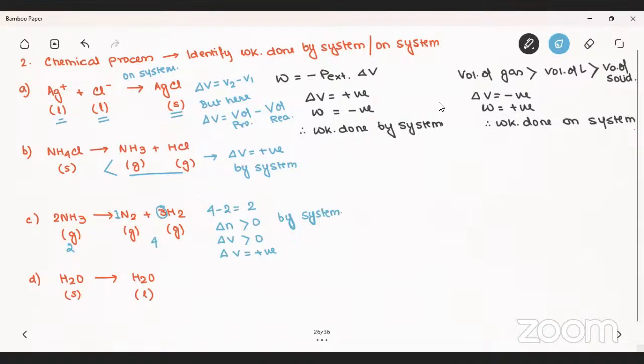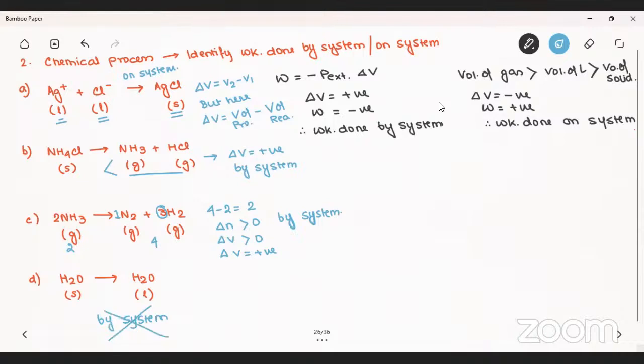Yes, ma'am. Now, for this, most will say that, ma'am, here the volume will be more because it is liquid and it is solid, right? So volume will be more than 0. So volume greater than 0 means work done by system. But this is wrong.